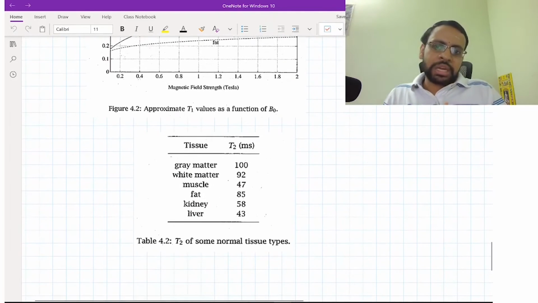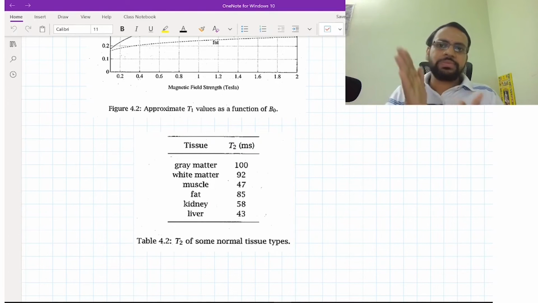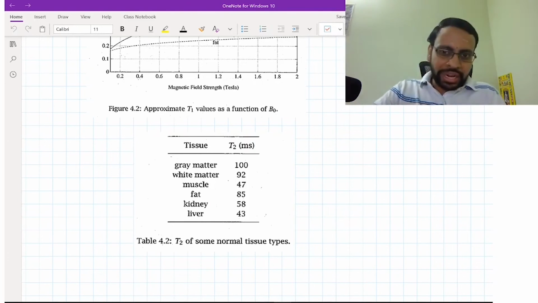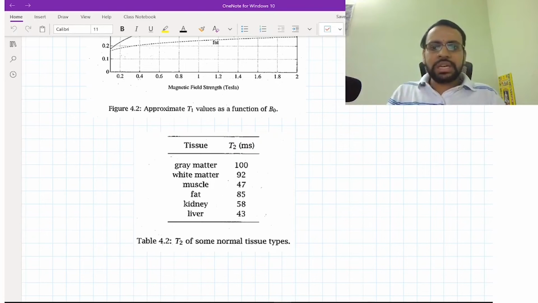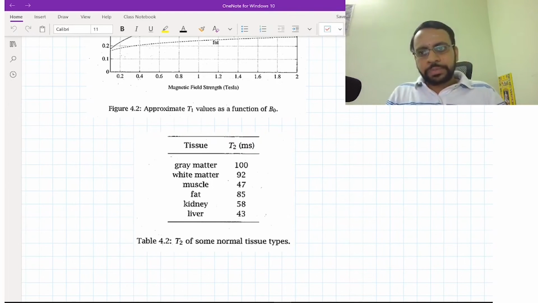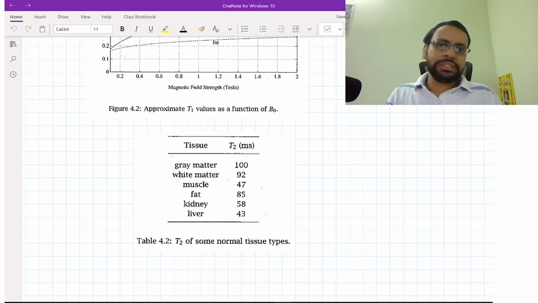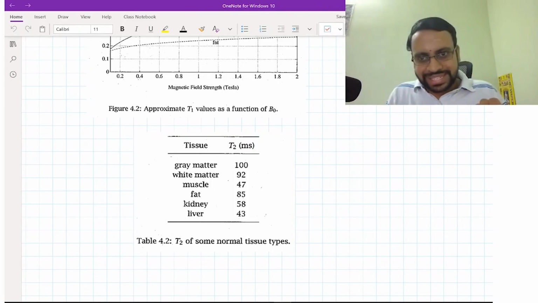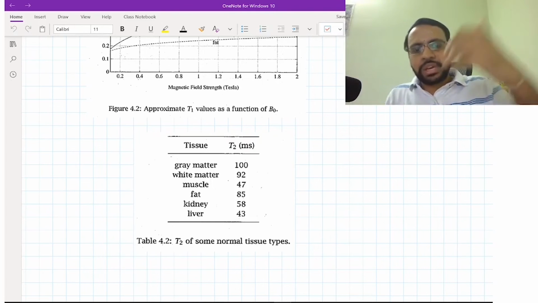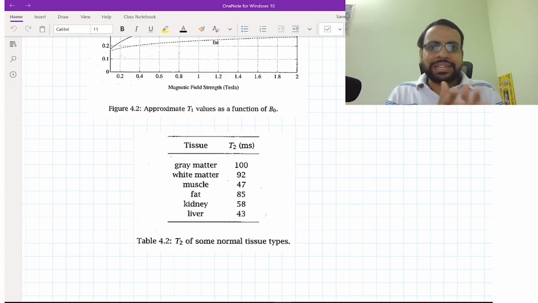Coming to the T2 relaxation time, that is for the Mxy to die down, you could notice here it's hardly of the order of milliseconds, and this is not dependent on the magnetic field strength as such, because the dephasing phenomenon makes it die down much faster than the spin-lattice interactions happen.